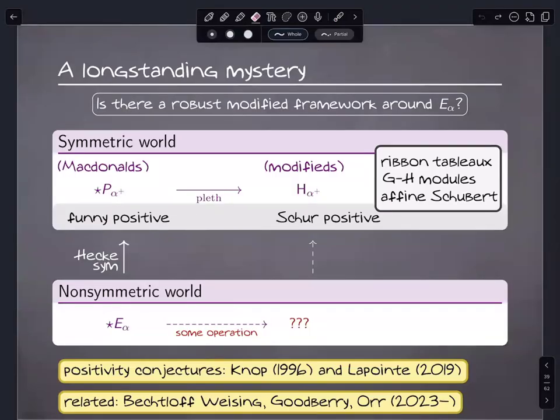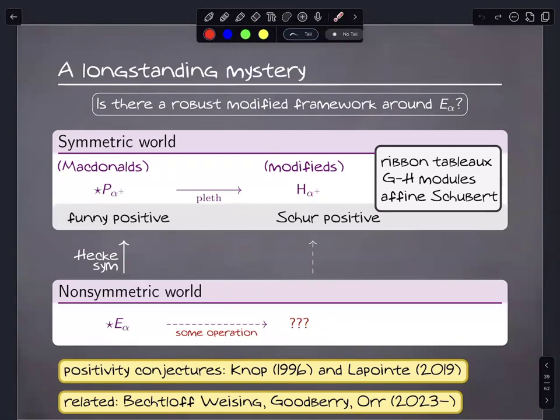And then Luc Lapointe started coming at it from the physics perspective, addressing similar questions. And then more recently, there's been quite a lot of work by Bechtloff Weising, Goodberry, and Orr, not necessarily on the question that I'm posing here, but more about particular stabilizations, because that's kind of what you have to do.